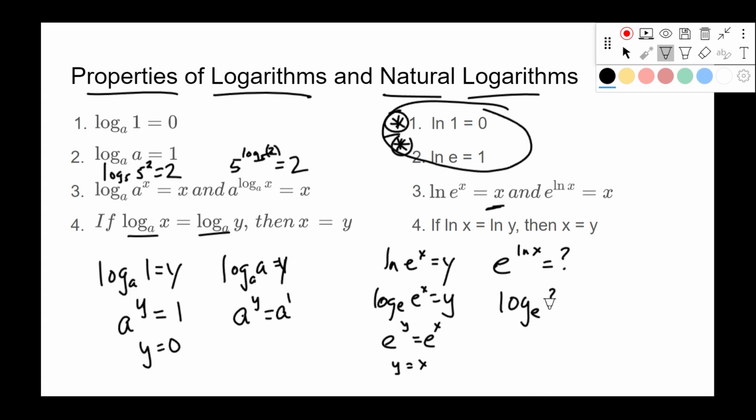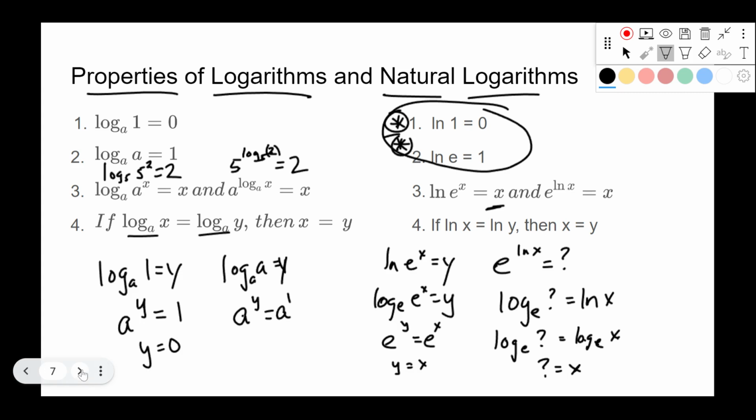So the log of something with base e is equal to ln x. But ln x is log with base e. So now the log of something with base e is equal to the log of x with base e. So that something has to be x. That's why e to the ln x is equal to x. And then finally, the same one-to-one property that's down here.